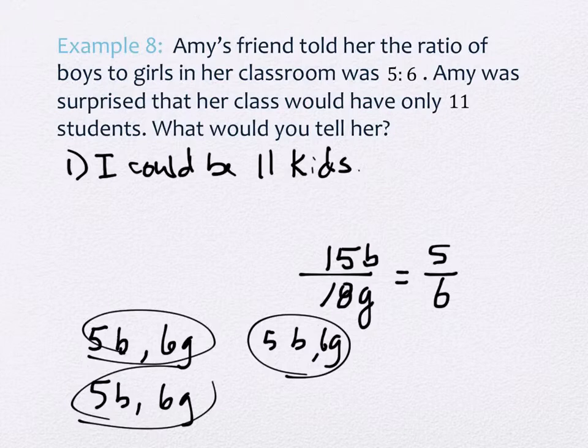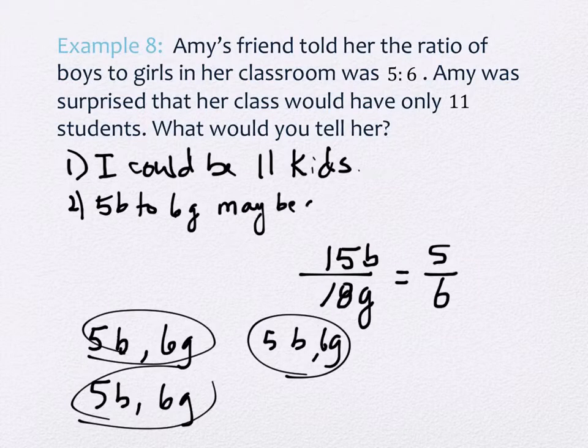Okay, so the 5 boys to 6 girls may be a reduced ratio.